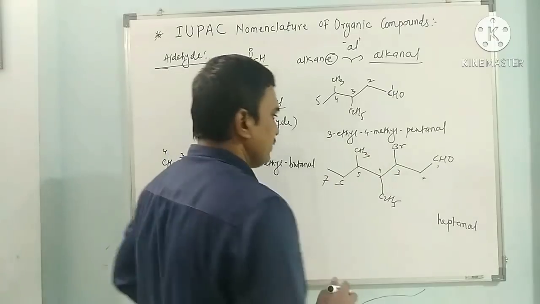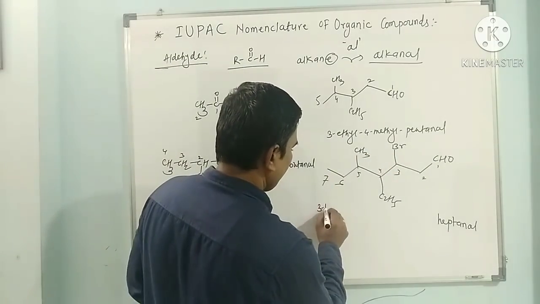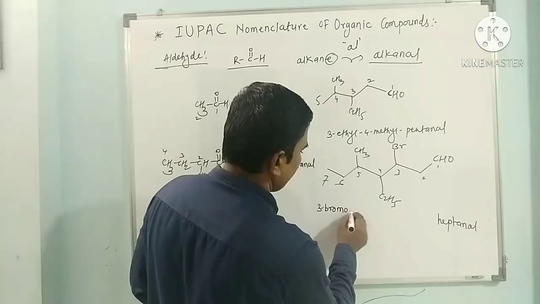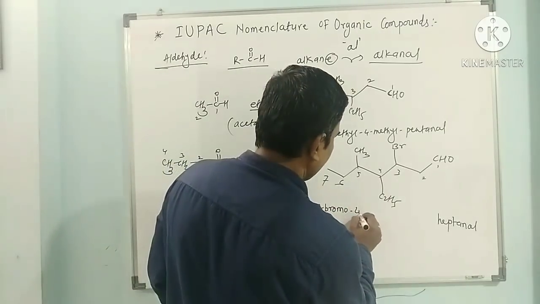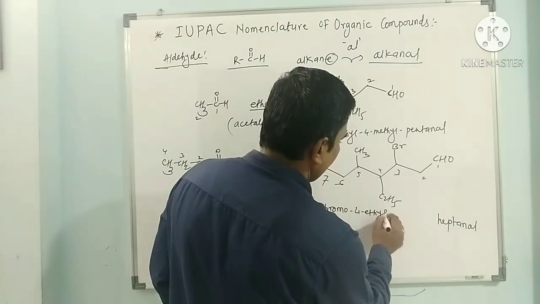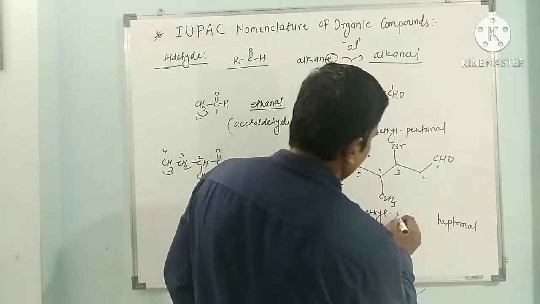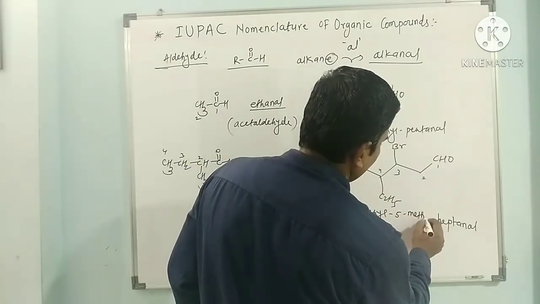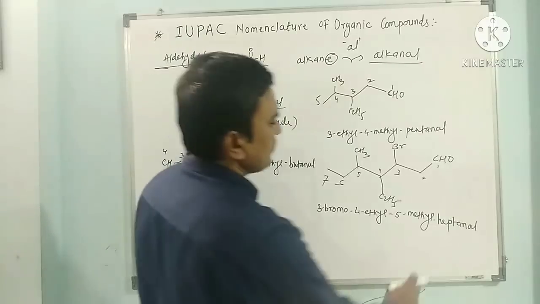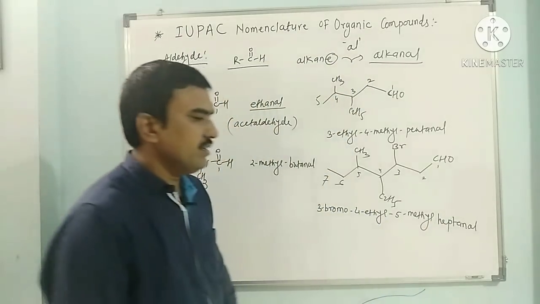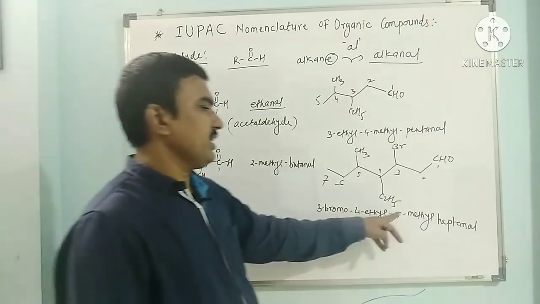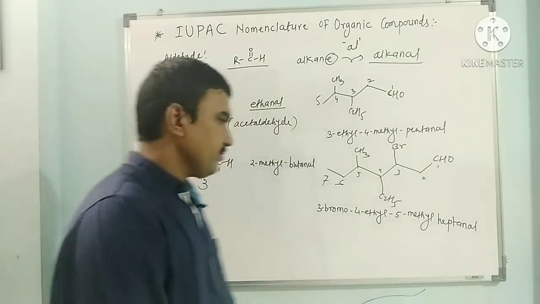So I have to mention here first 3-bromo, 4-ethyl and 5-methyl heptanal. 3-bromo-4-ethyl-5-methylheptanal.